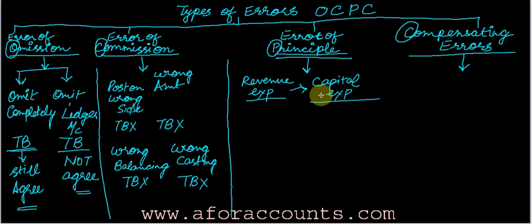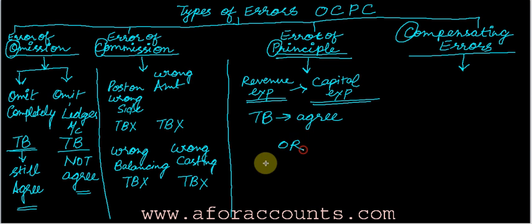The debit side has the debit amount, so the trial balance will agree. But then the principle is wrong. Revenue expenditure you are treating as capital expenditure, or vice versa, capital expenditure treated as revenue. So the principle is wrong, but the side is correct. The debit or credit side chosen is correct. So principally it is wrong, but still your trial balance will agree.